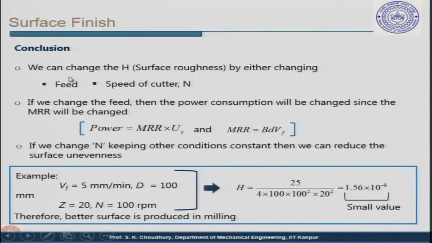There is a small example given: if Vf and d are given, how to find h. You put in the values in the formula, find h, and compare that this is such a small value in comparison to turning with a comparable feed value.